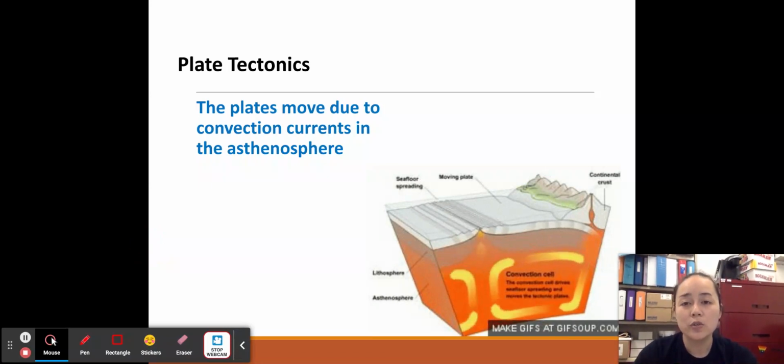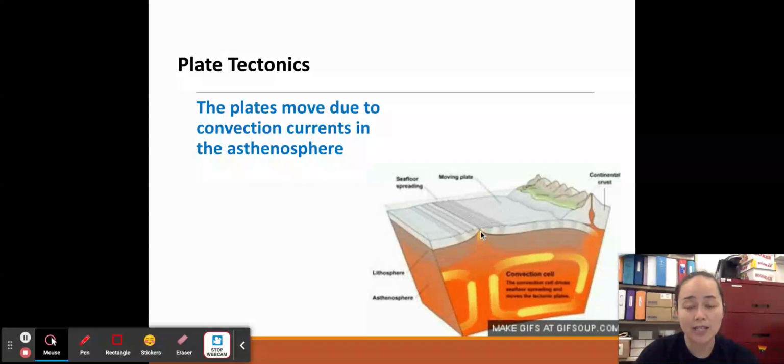The plates will move due to convection currents in the asthenosphere. For example, in this GIF, you can see that in the asthenosphere you have this liquid magma that's moving in a circular motion, and the plate that's on top is moving along with it. As it's moving, depending on what is happening at that plate boundary, we're going to see different types of activity.